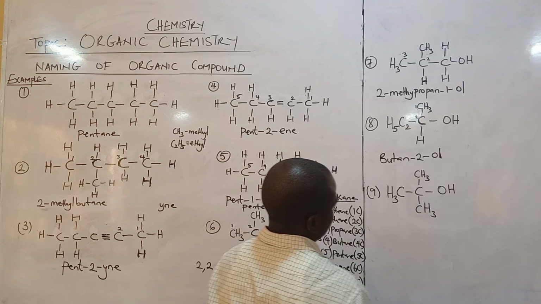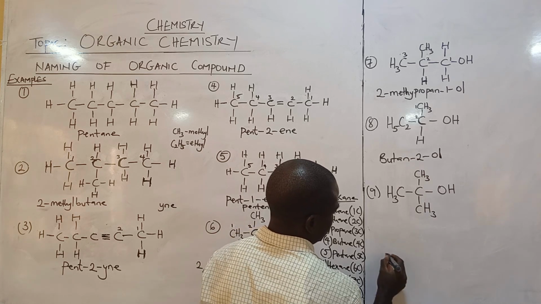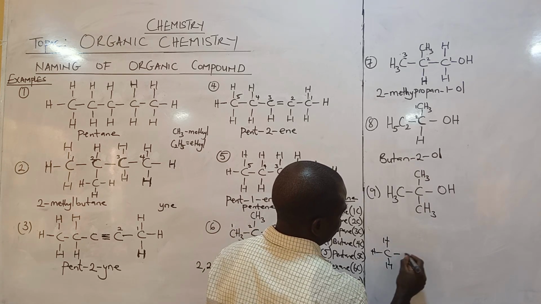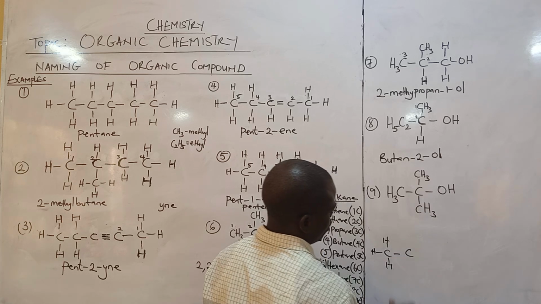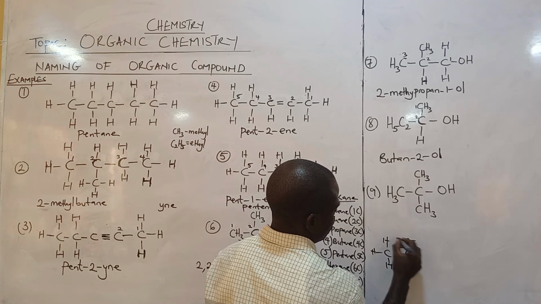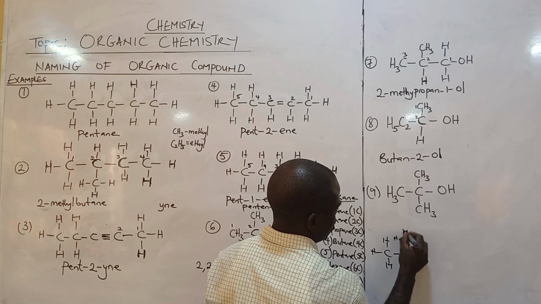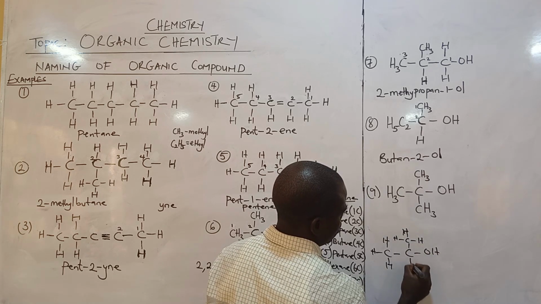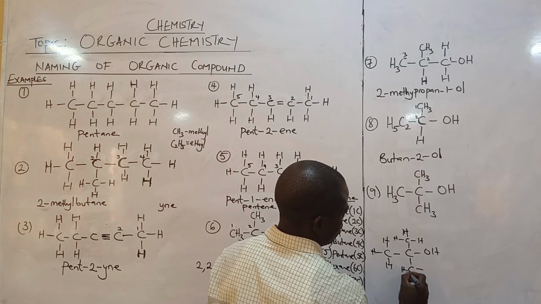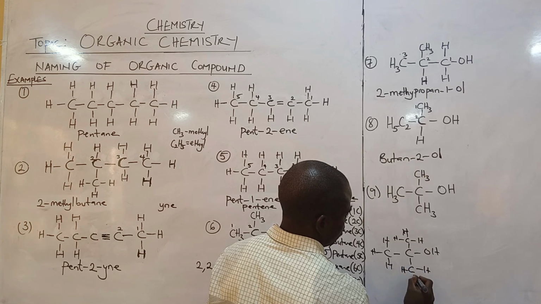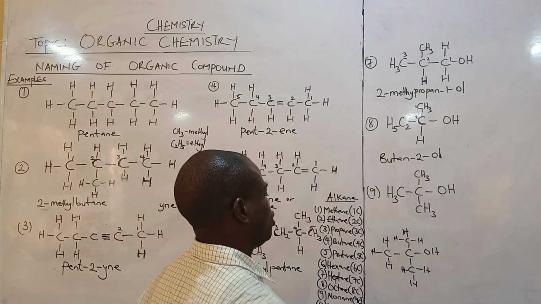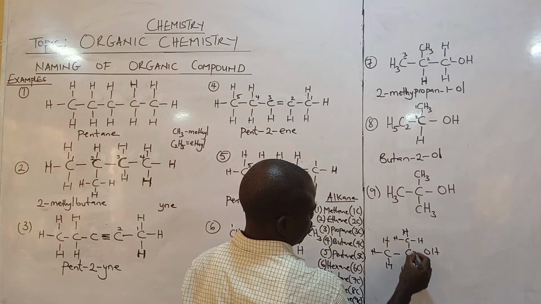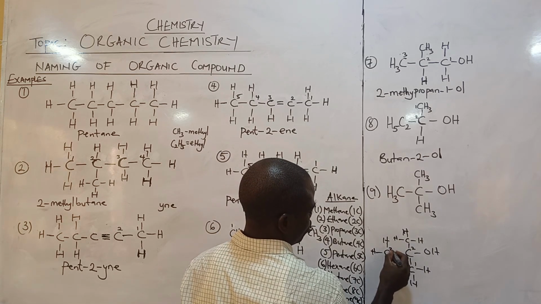Now when you look at this also, if you expand it, you have C, H, H, H, C, C, H, H, H, hydroxide, C, H, H, H. Then look for the longest chain. Now we have 1, 2, 3.